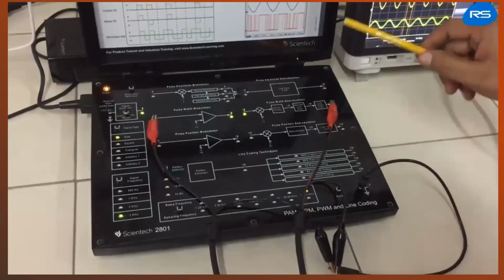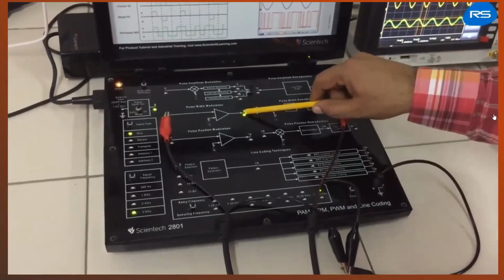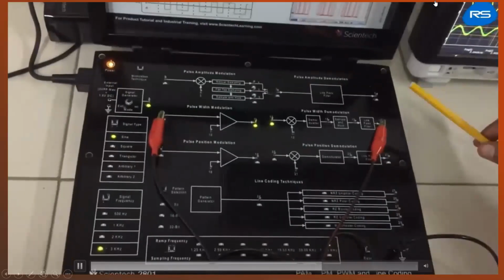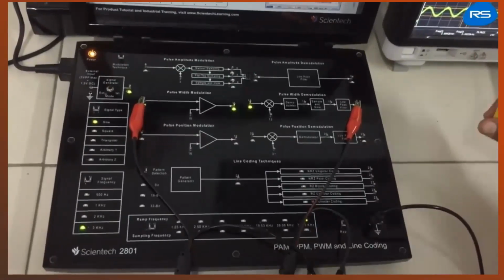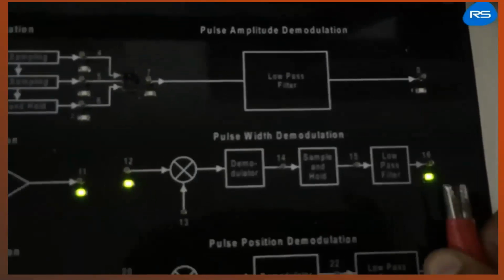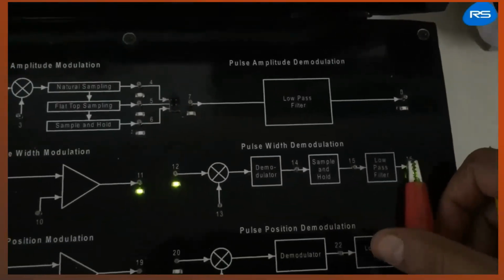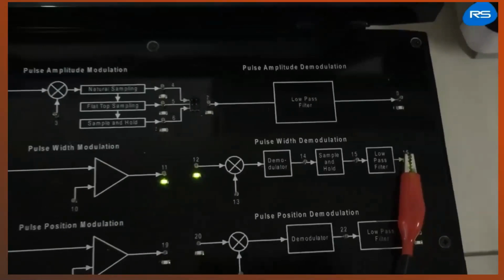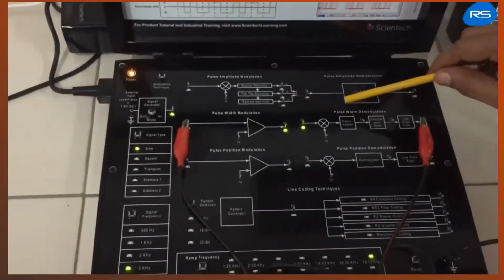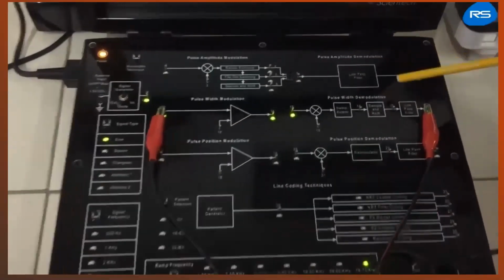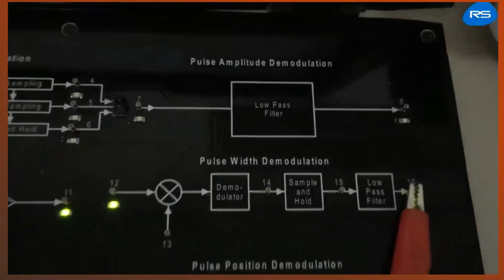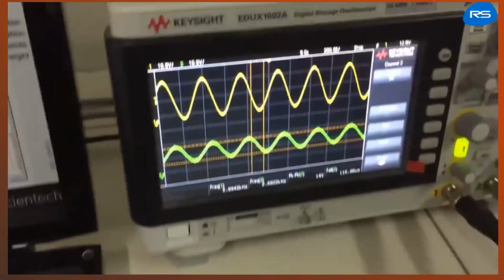Till now we have observed the output of the PWM modulator. Now we will observe the output of the PWM demodulator. For that we connect the CRO probe at the output of the PWM demodulator, which consists of a demodulator, sample and hold circuit, and a low pass filter, and the output is displayed at the DSO, which is this one.